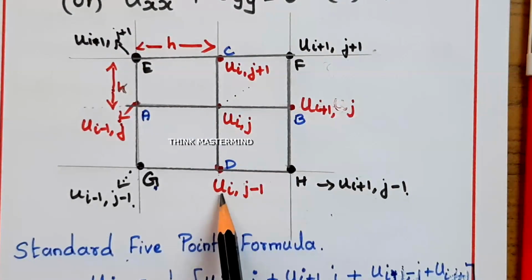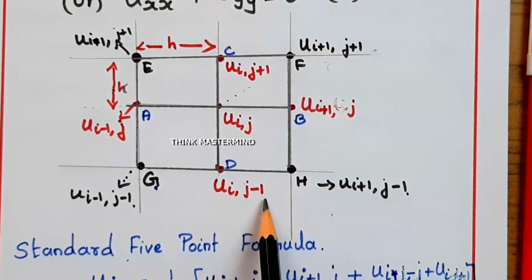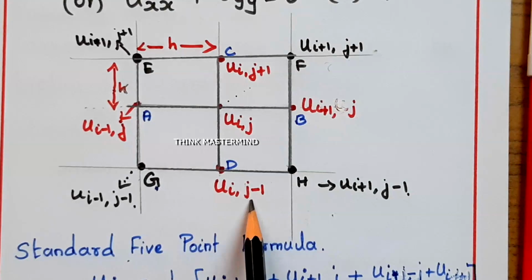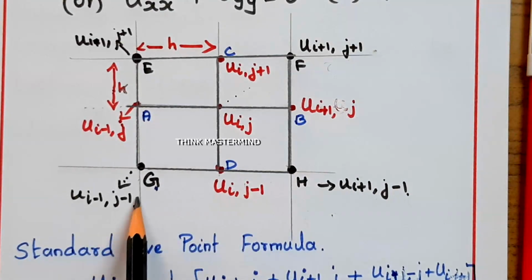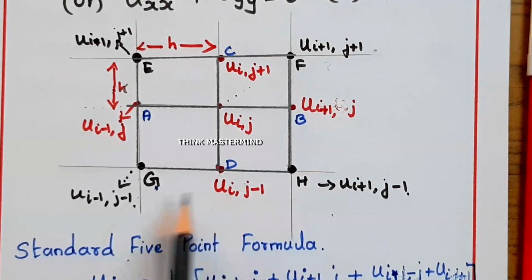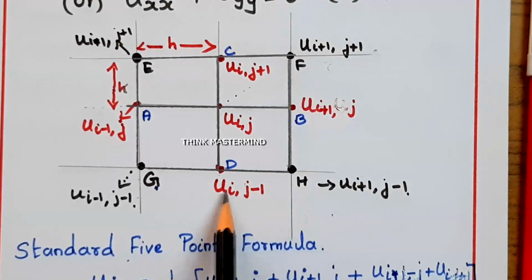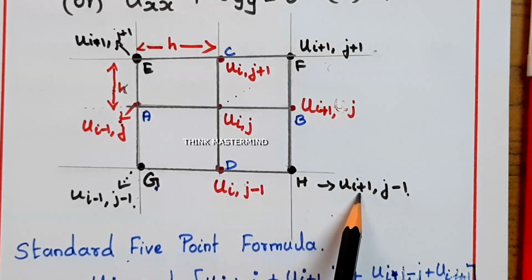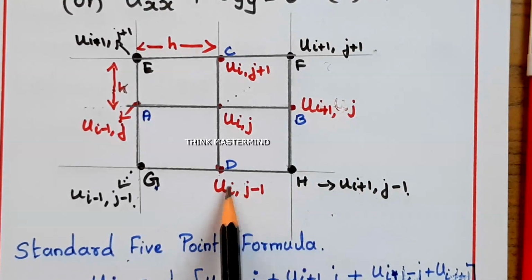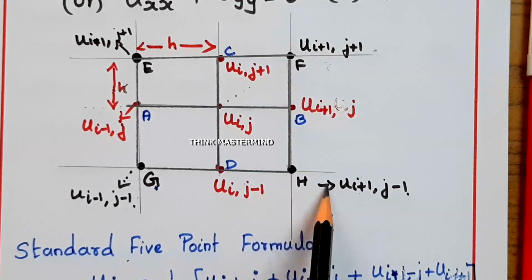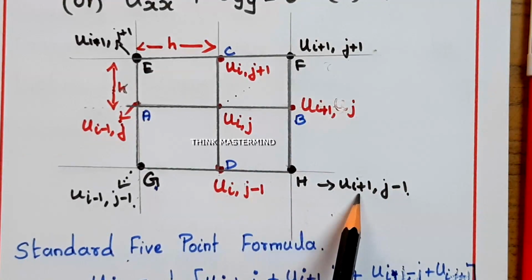So here u(i, j minus 1) represents x equal to i, y equal to j minus 1. Similarly, on the left hand side of this is u(i minus 1, j minus 1). The right hand side of u(i, j minus 1) is u(i plus 1, j minus 1). So here x is i, the step size is increased by 1, that is the x value is i plus 1.